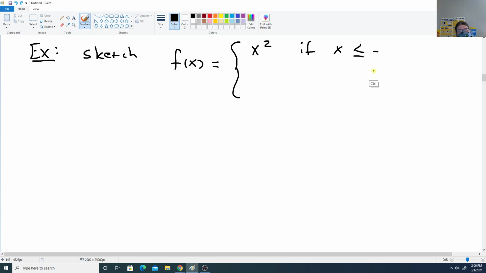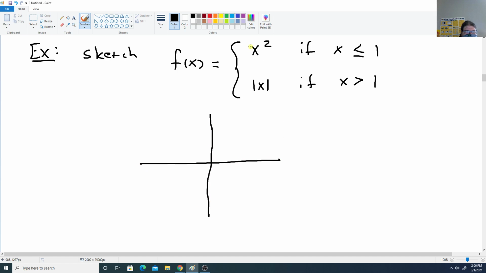You know, let's use a different number. It's x squared if x is less than or equal to +1, and the absolute value of x if x is greater than +1. So this time, +1 is the point where stuff changes.